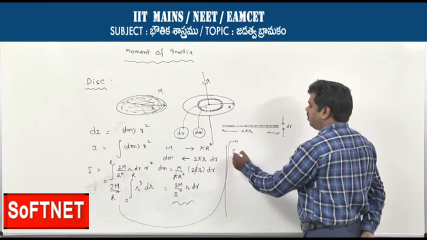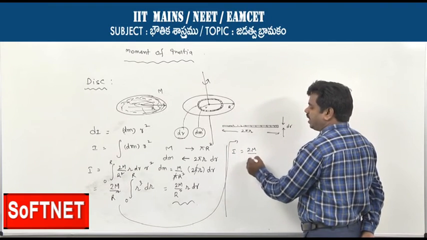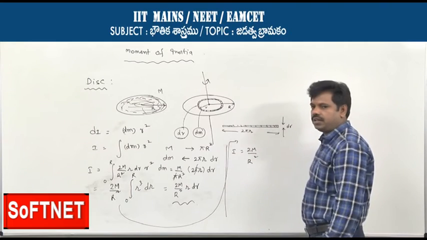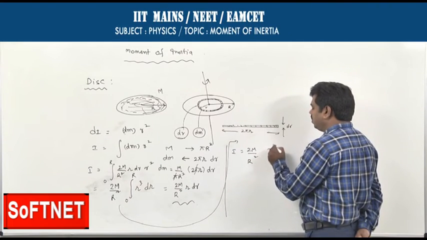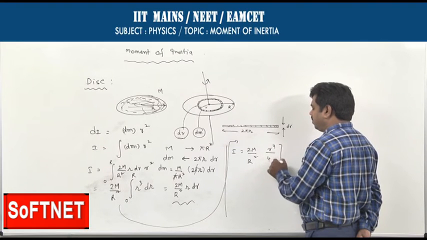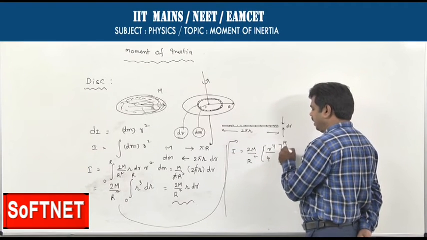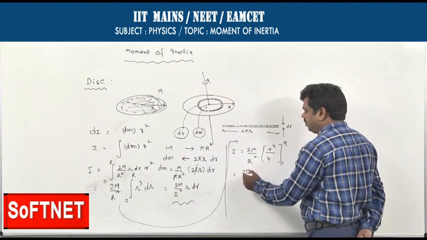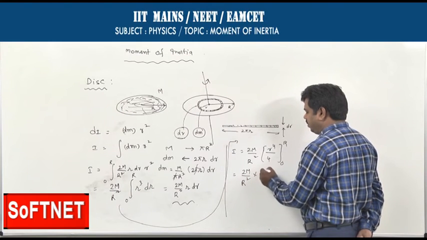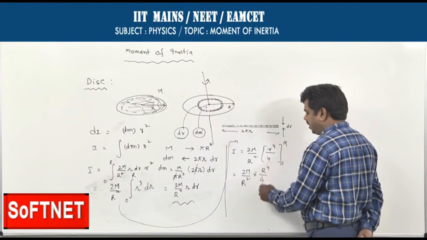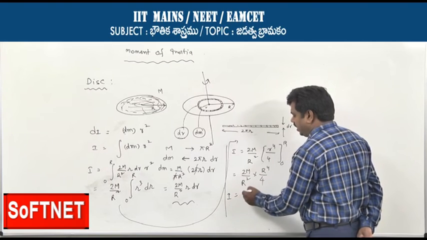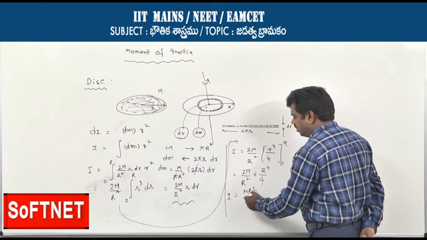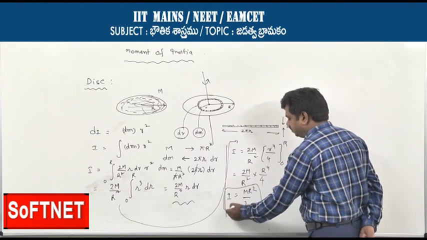Now I is equal to 2M by R square, integration of r cube is equal to, already you know, r power 4 by 4, limits 0 to capital R, that is 2M by R square into R power 4 by 4, and finally you will get MR square by 2.